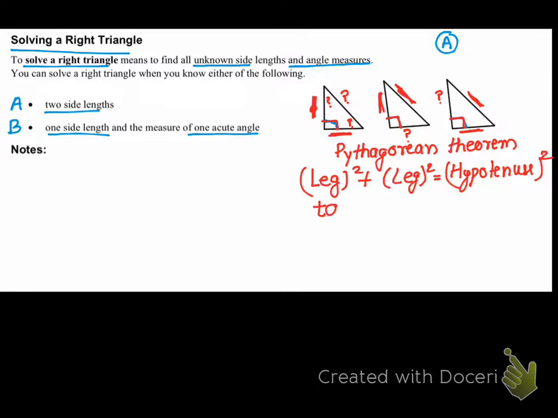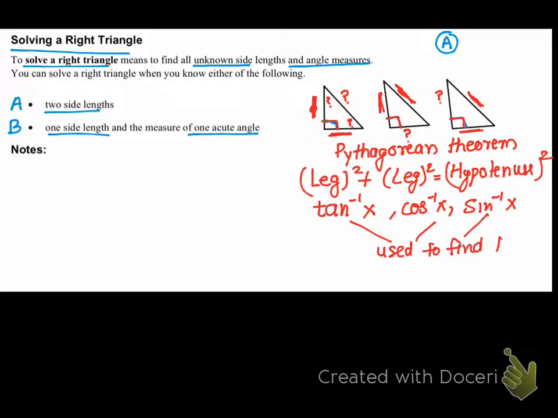With the help of inverse tangent, inverse cosine, or inverse sine, whichever you want to use, you can always find the angles. It is used to find the remaining two angles. So that's case A.